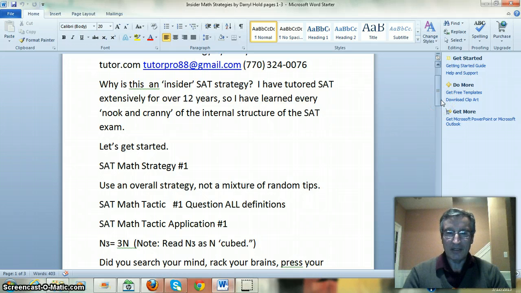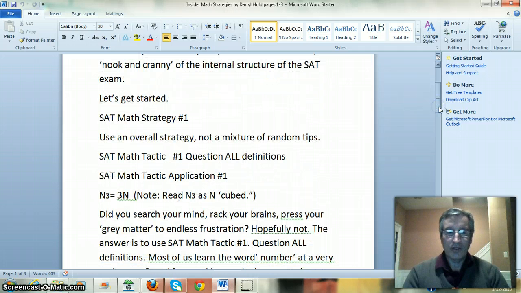SAT math tactic application number one. Okay, n cubed is equal to 3n. Note, read "n cubed": that's supposed to be an exponent. This was before I found a way to make it float up in the air like an exponent is going to. All right, now, can you solve this problem?